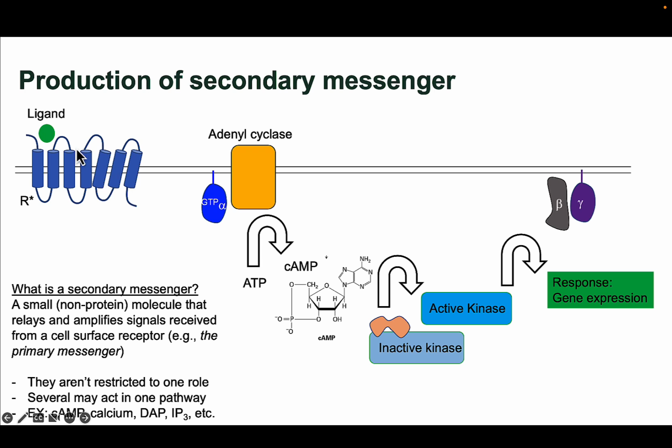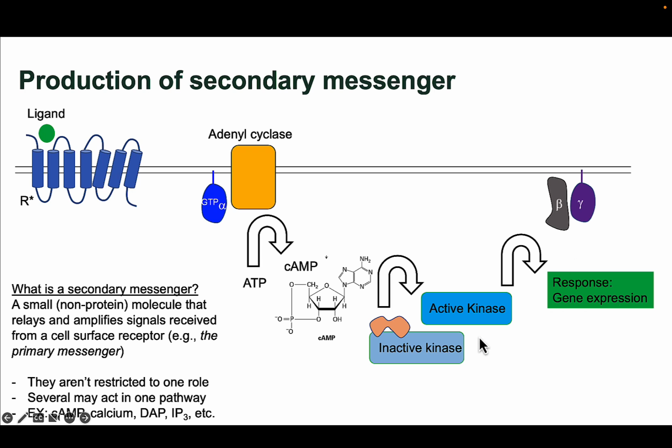And so we have ligand binding, a change in shape that facilitates the exchange of GDP for GTP, right? So that the trimeric G proteins break apart. This activates an enzyme that leads to the production of secondary messengers, including cyclic AMP. And cyclic AMP activates a kinase that leads to gene expression.